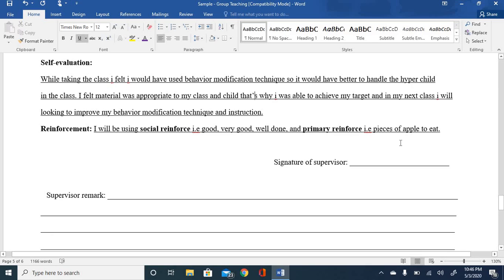And primary reinforcer, like, I will be giving a piece of apple which I have brought. I will give not a whole apple, a piece of apple, so that an apple is good stuff to give to the child. Even you can give a whole one, but as per your convenience, you can give a piece, because some students may be very sensitive to some food. So you need to be very careful while giving such eatable things.